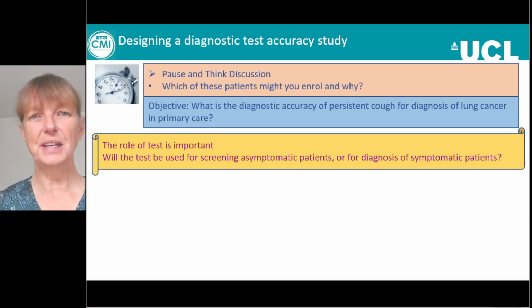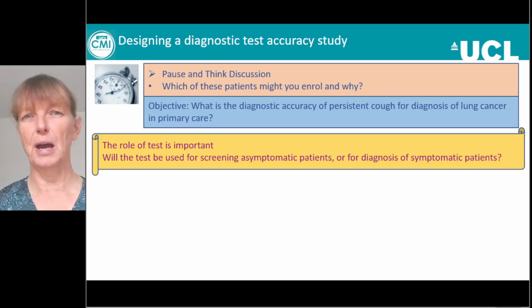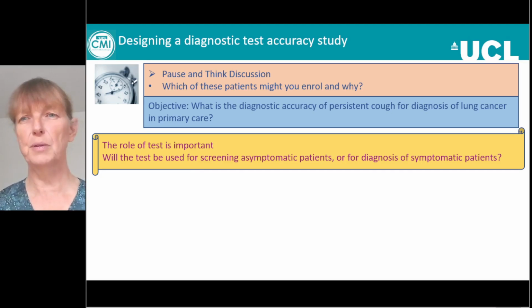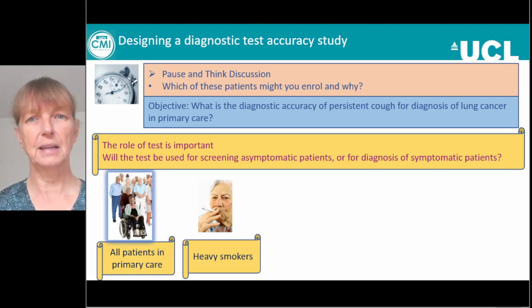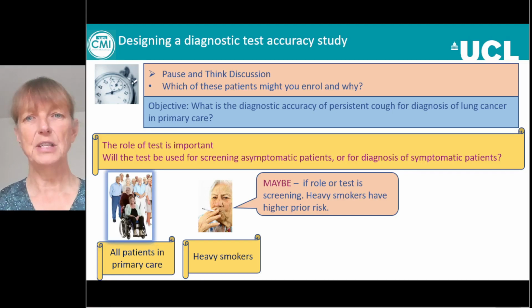So then when I was thinking about the other sets of people, I was thinking, is the test going to be used for screening asymptomatic people, or is it for the diagnosis of symptomatic people? Okay, so this is really a question about what's the role of this test in primary care. So if we wanted to look at people who are asymptomatic for screening, we might either pick all patients in primary care, or we could pick the heavy smokers. Now, the heavy smokers are the people who have a higher prior risk.